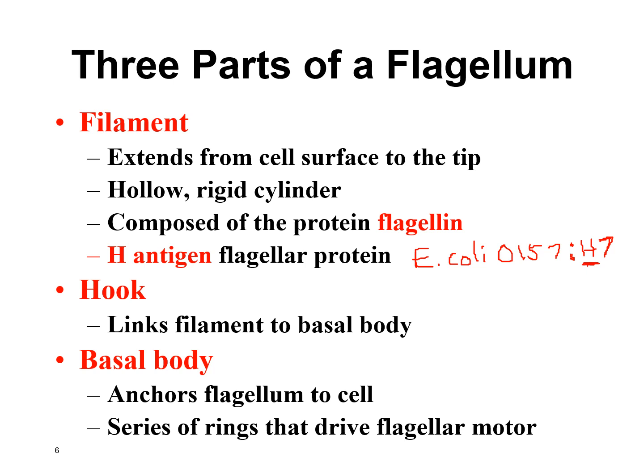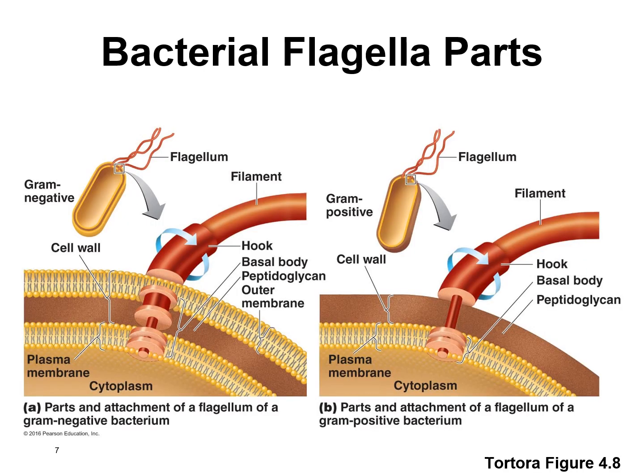Okay, and then the next part of the flagellum is the hook that the filament will link into, and then the hook will then anchor into the basal body, and the basal body is what anchors the flagellum into the bacterial cell. So let's just take a look at some pictures here.